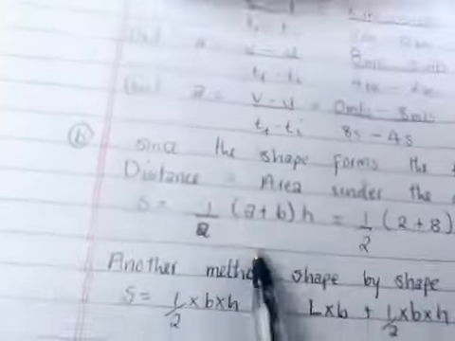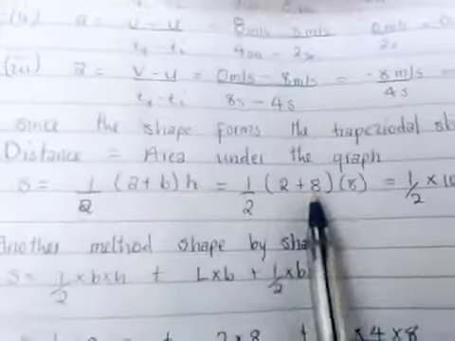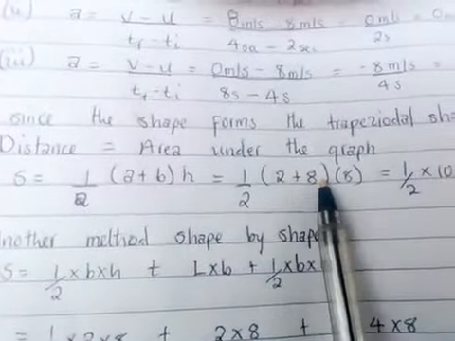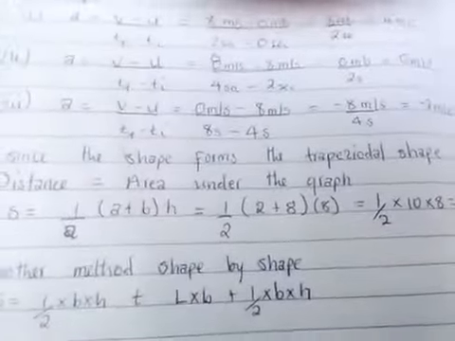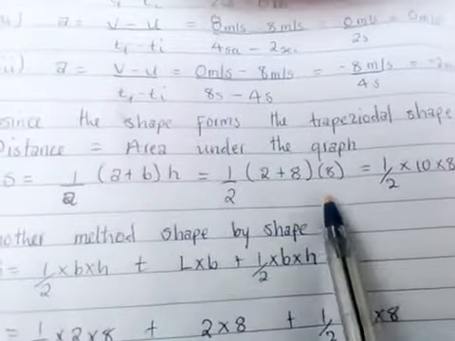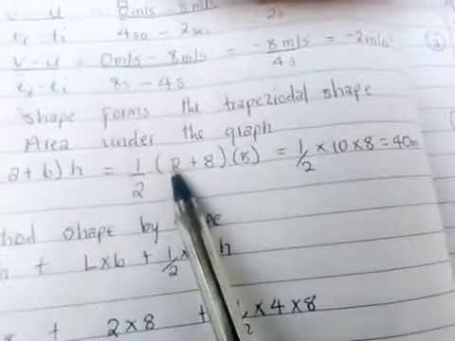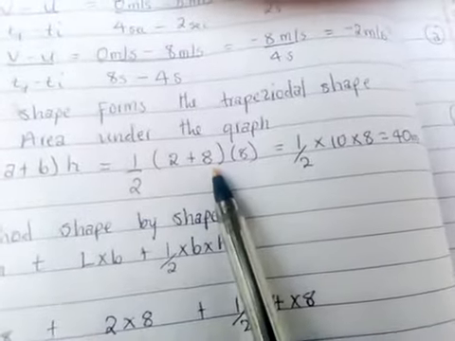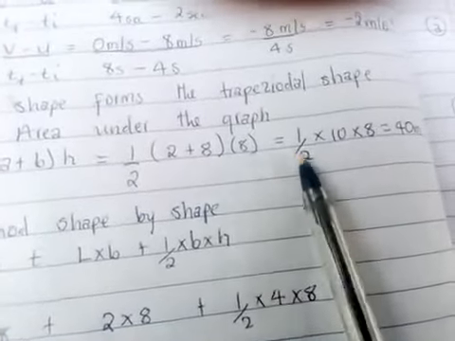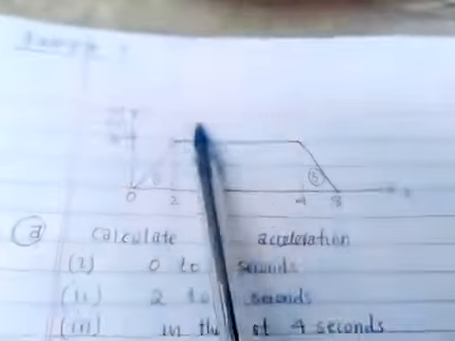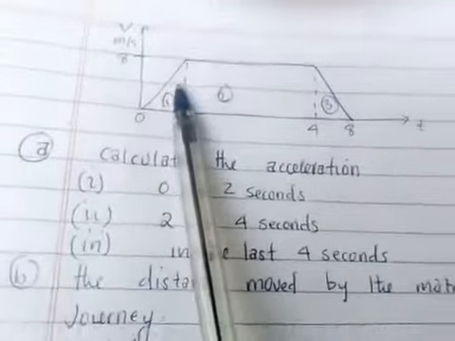So just substitute the values. A is 2, plus b, the base, 8, multiplied by the height 8. So 2 plus 8 is 10, multiplied by 8 divided by 2, you get 40.